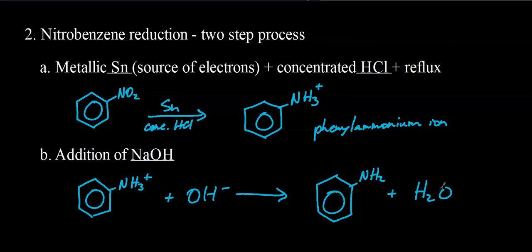So again, we have tin, which is our source of electrons, and concentrated hydrochloric acid heated under reflux to form first the phenylammonium ion, and then a further reaction with hydroxide to produce our desired results.